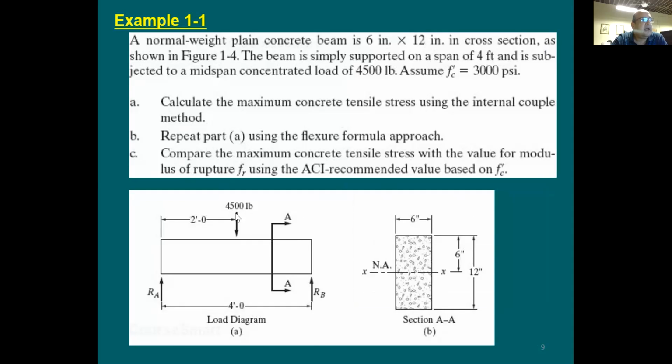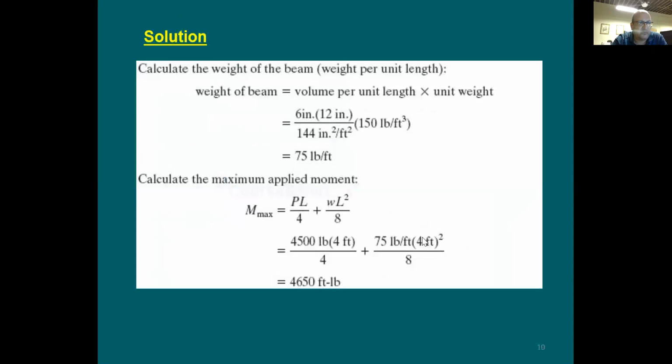And an external applied force of 4,500 pounds right at the mid-span. Based on these two pieces of information, I was able to figure out the applied moment to the beam. This is how much the beam is going to see. And this is like your homework 1. You're given some loads and you're trying to find out the applied moment.